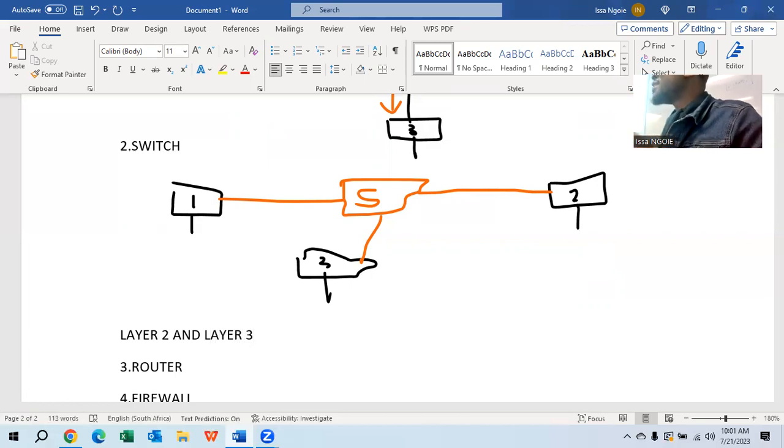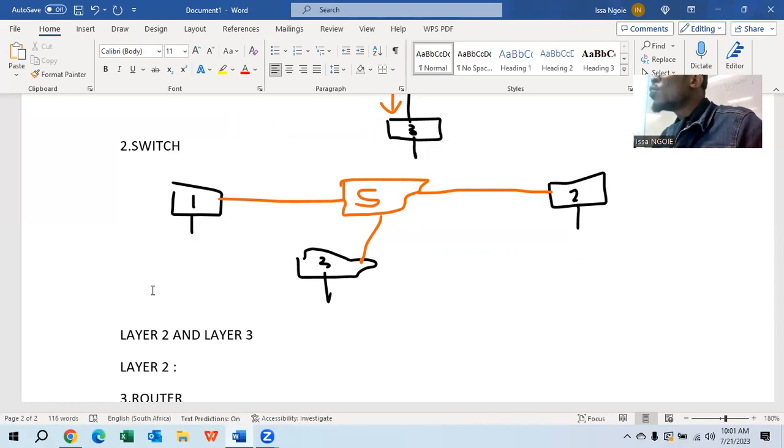You have to understand this switch: is it layer 2 or layer 3? There are questions they will ask you from that, and I'm going to explain this difference. Even the guys who are doing the CCNA, even the CCST, it's very, very important. You can find 1 or 2 questions from there.